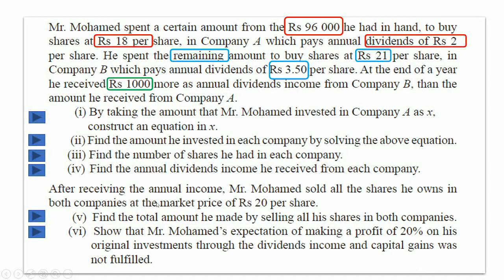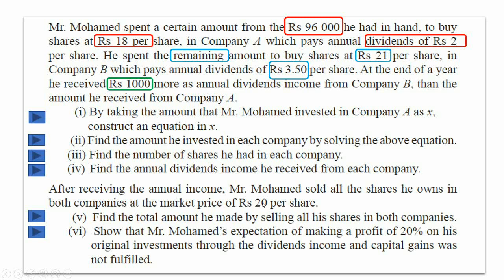Next question: find the total amount he made selling his shares in both companies. Finally, they said he sold both companies' shares at 20 rupees per share. This is the selling price per share.